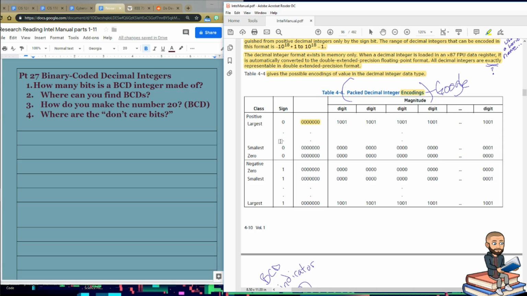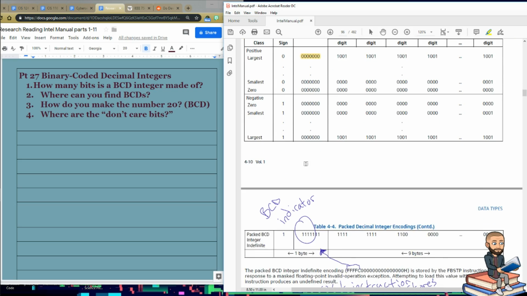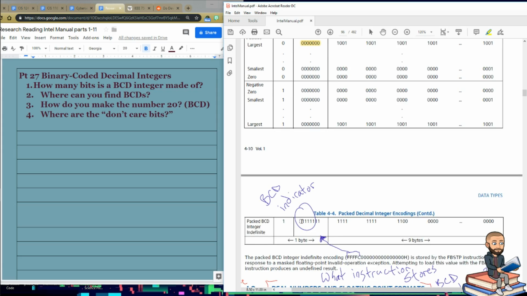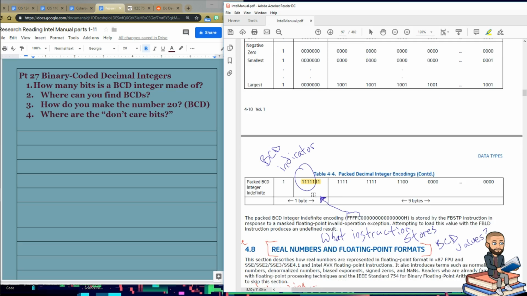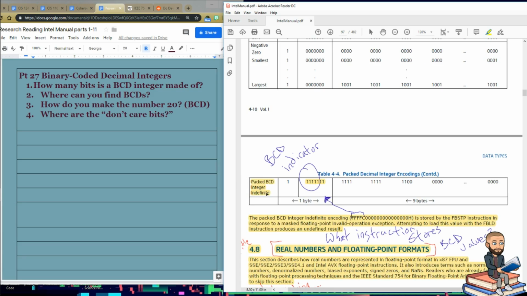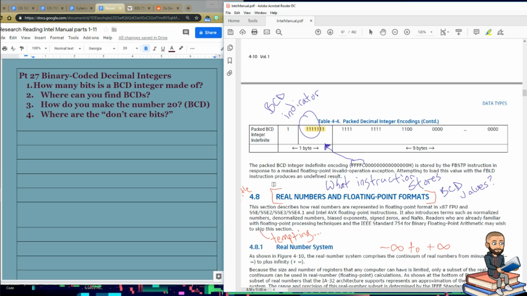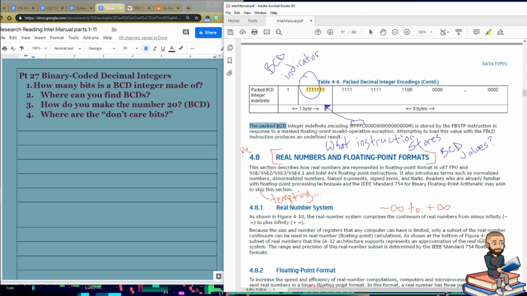So this part of the table is just regular numbers. But then to indicate a BCD indicator, if these bits are all ones, we have ourselves a packed BCD indefinite. So the last sentence says that the packed BCD integer indefinite encoding is all ones, right? These F's right here are all ones.